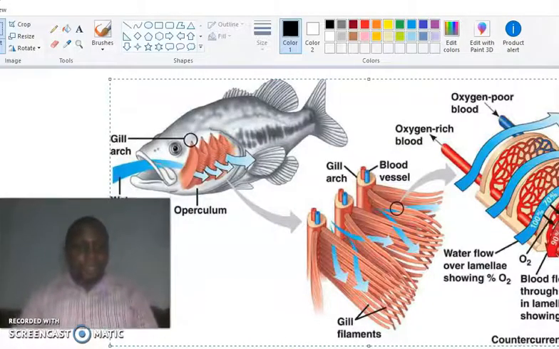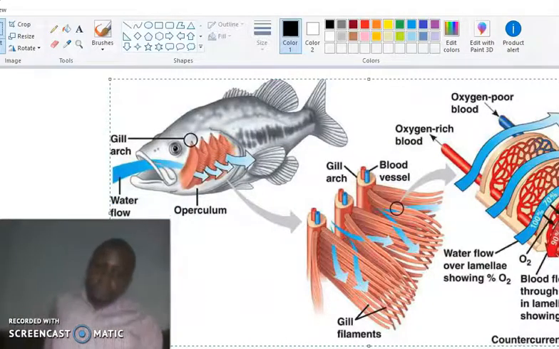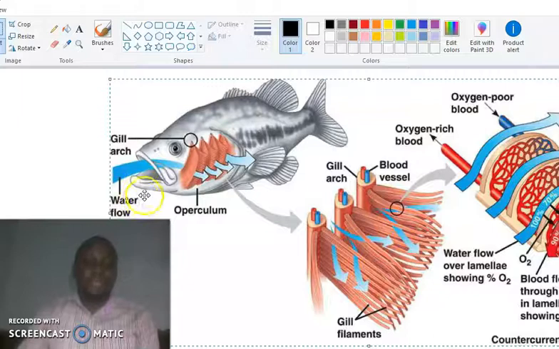Let us have this illustration so that you understand well. We have said that during inhalation, the mouth of the fish first opens and the floor of the mouth lowers. This increases the volume of the buccal cavity, but the pressure inside reduces. Water from the surroundings rushes into the mouth cavity.